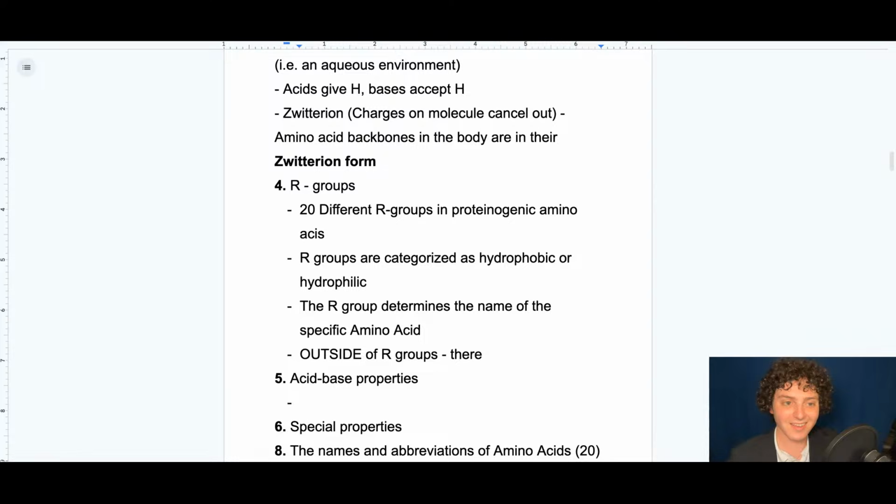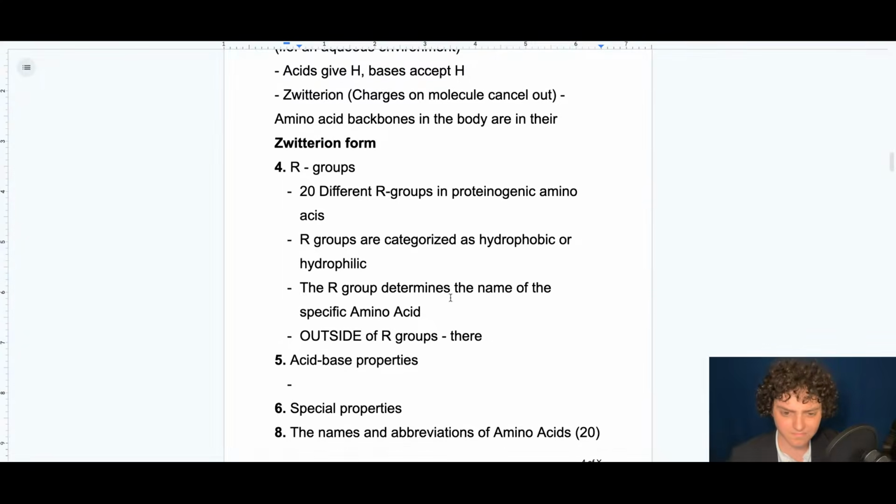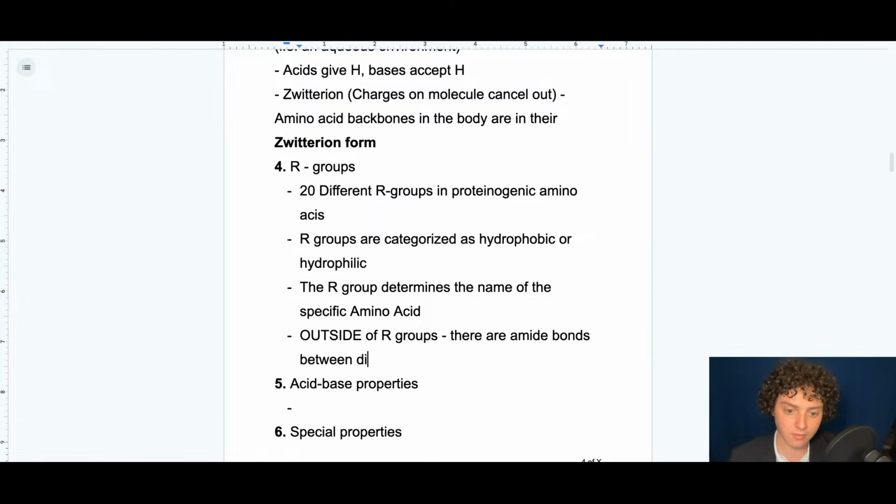Okay. So the peptide backbone, which is every part of the peptide, or protein rather, outside of the R group, is bonds between different amino acids, aka peptide bonds.